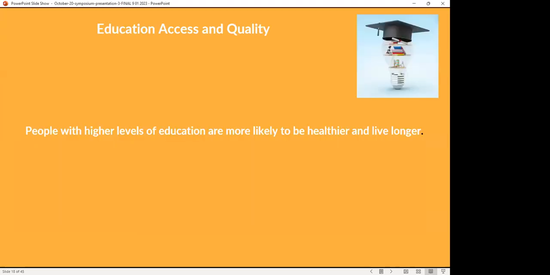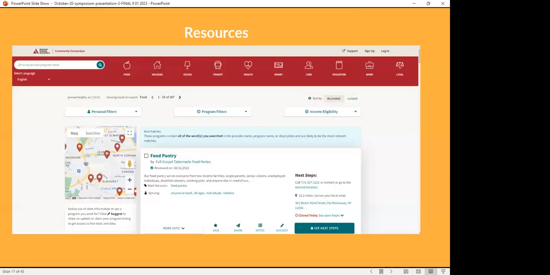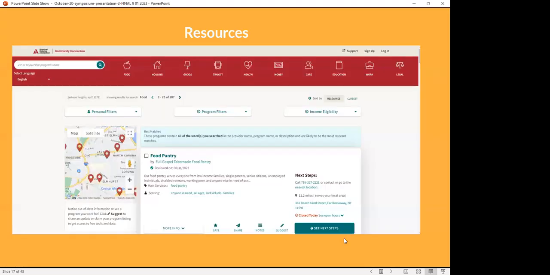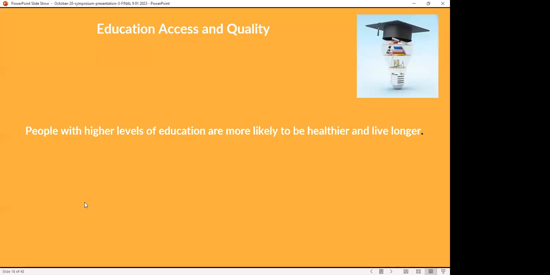Okay, here it is. In diabetes.org, and it's the community connection, and that's where you enter the person's zip code.